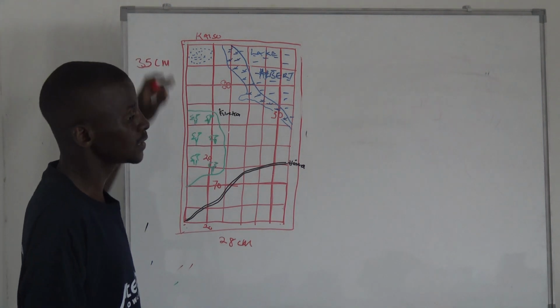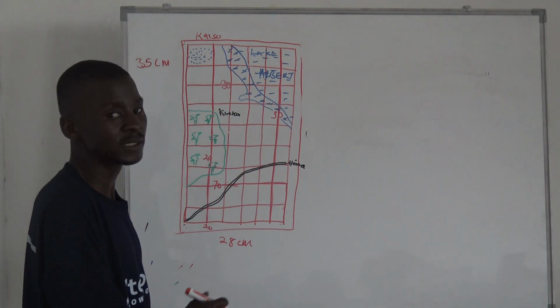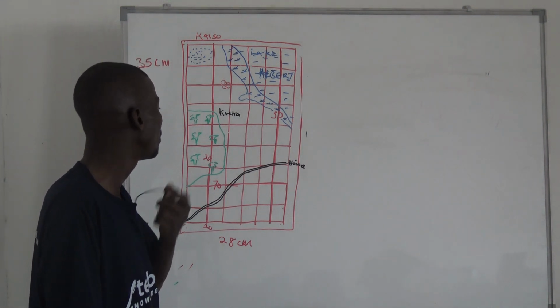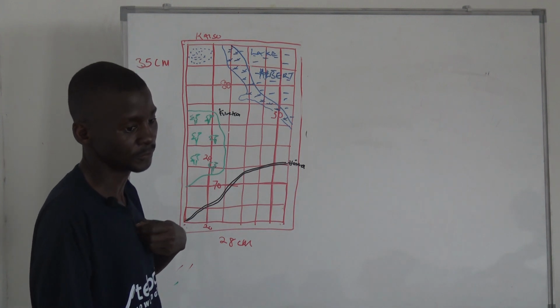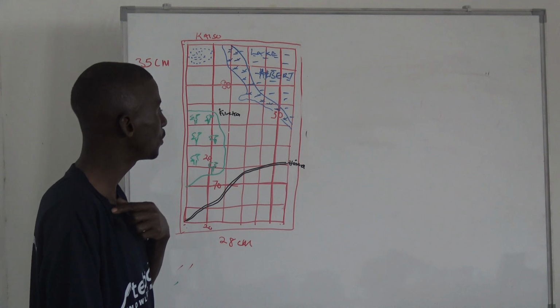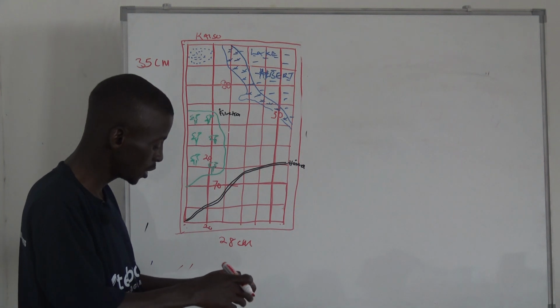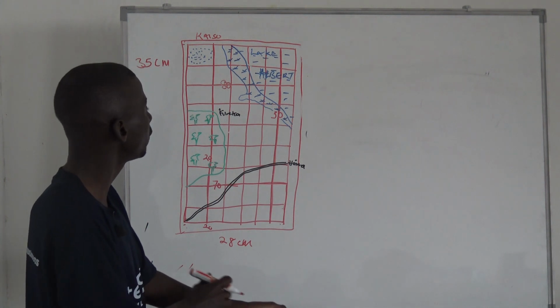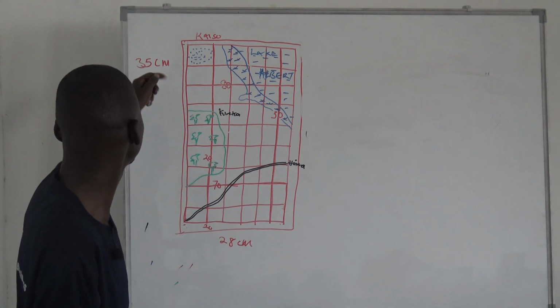But these centimeters, we do not have them on our answer sheets. So it means we are going to do what we call map reduction. We will have to reduce the sketch map up to the tune of our answer sheet.